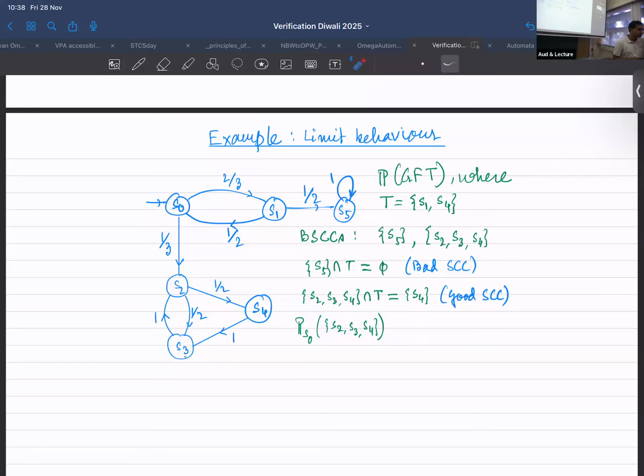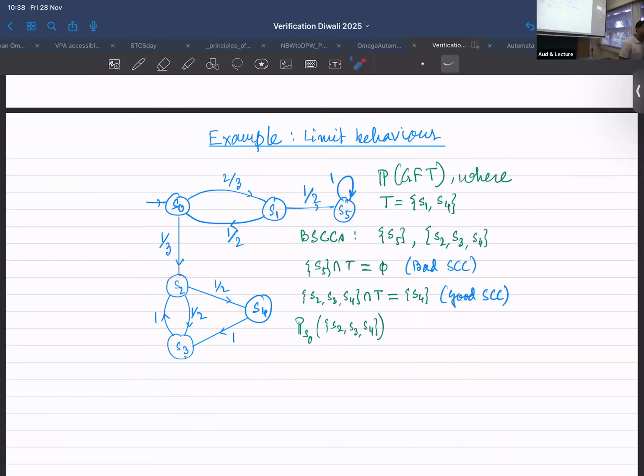So we need to find the bottom strongly connected components which have S1 or S4. Correct. And we don't have it with S1, because S1 has no bottom strongly connected component because there's a probability leak. So what are the bottom strongly connected components? This is a bottom strongly connected component.